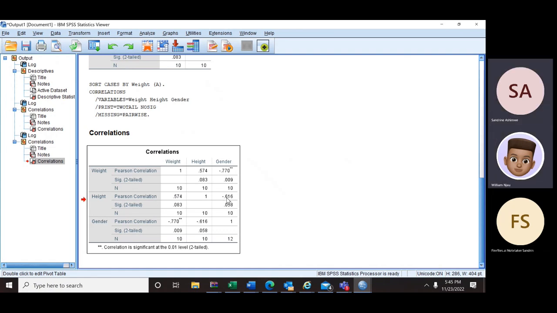Wait, one is coded for male, right? And 2 for female. Yes.